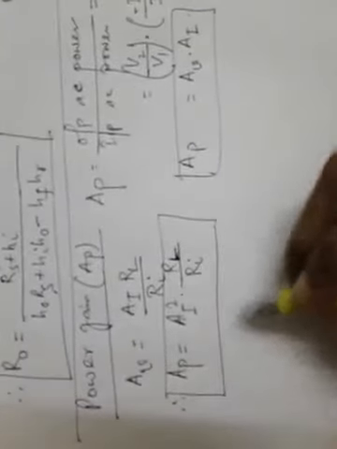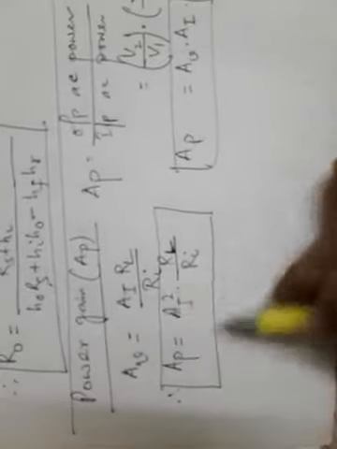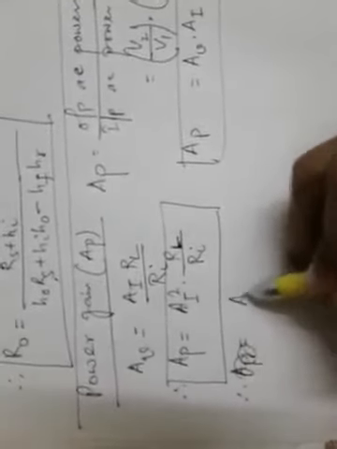Now if we put the previously found values of AI and RI into this expression, we should be getting the power gain in terms of all H parameters that is required. What was the value of AI?